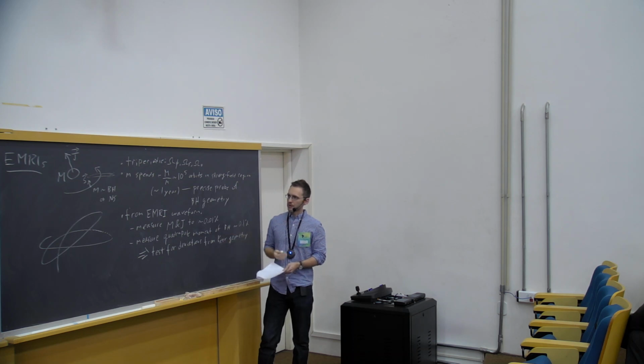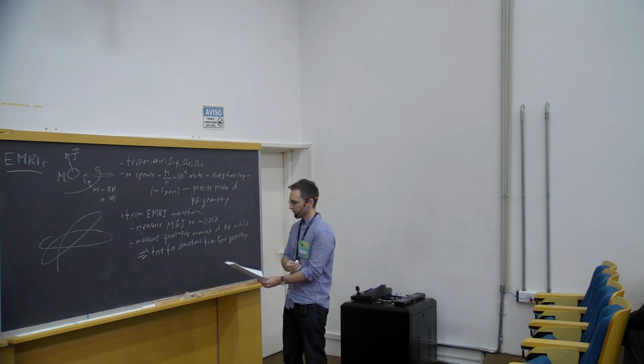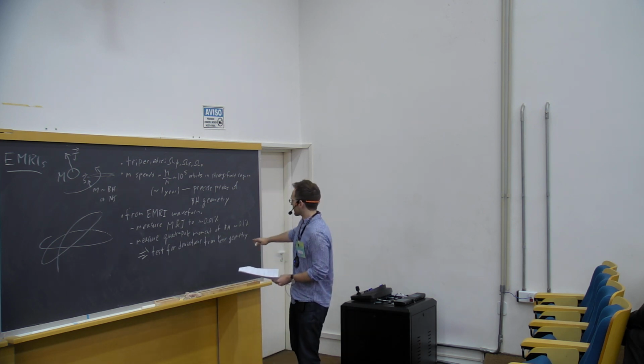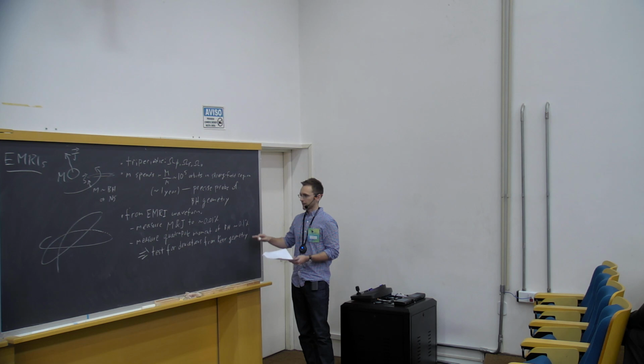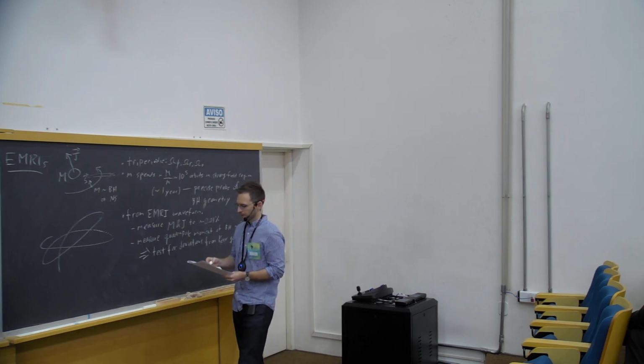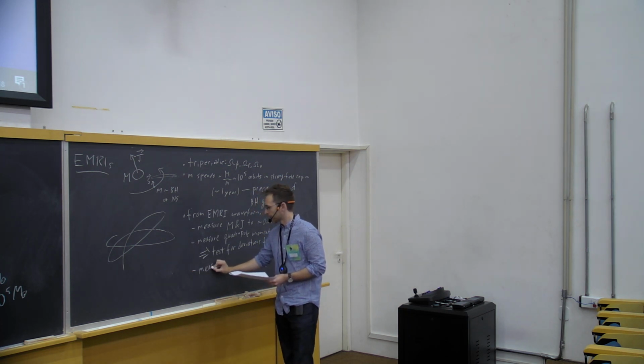Out of those two, I would say GR being wrong would be the much more likely scenario, but I could be wrong about that. But the point is, measurements of EMRIs are really the only experiment that has ever been proposed that would get you this kind of incredibly precise test of the no-hair theorem. You can also measure other deviations from GR. There's a long list of things.